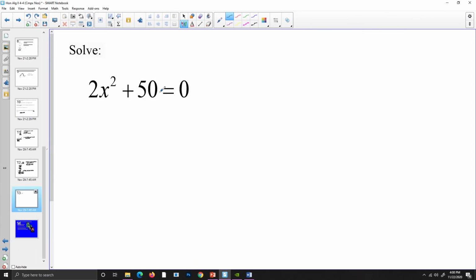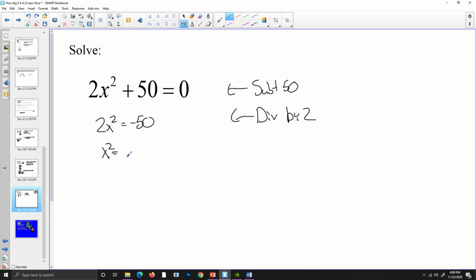Finally, we're going to solve, and since we have just an x squared and not an x in it, the first thing we're going to do is subtract 50. So I'll have 2x squared equals negative 50. Then we will divide by 2. That'll give me x squared equals negative 25.